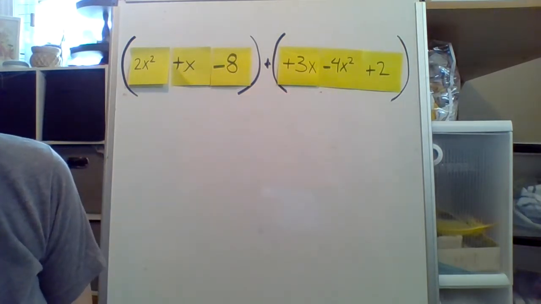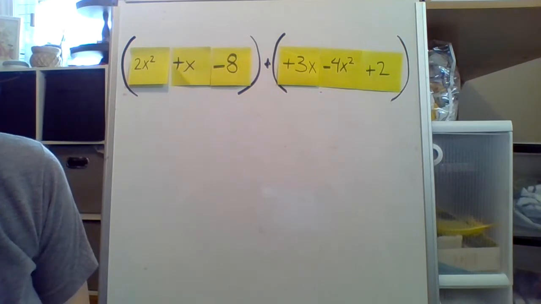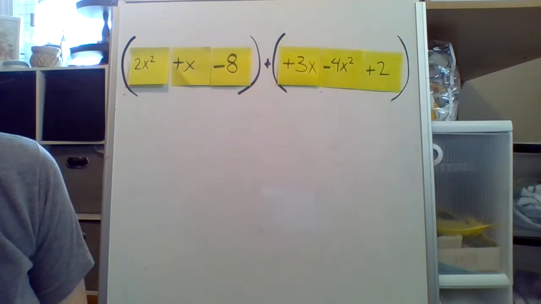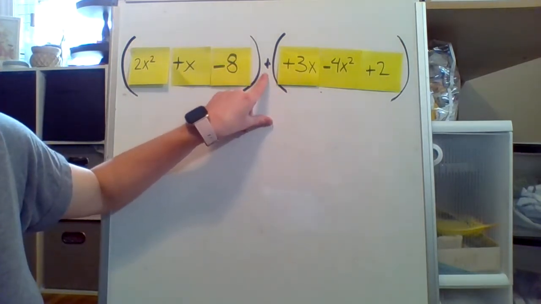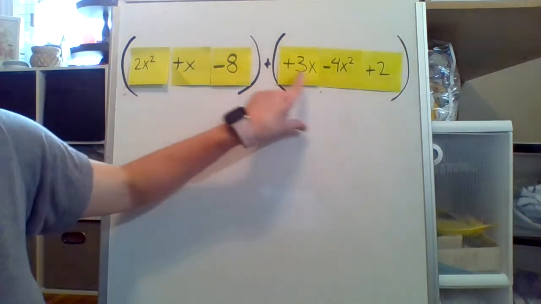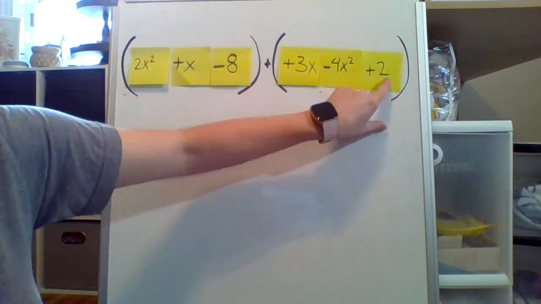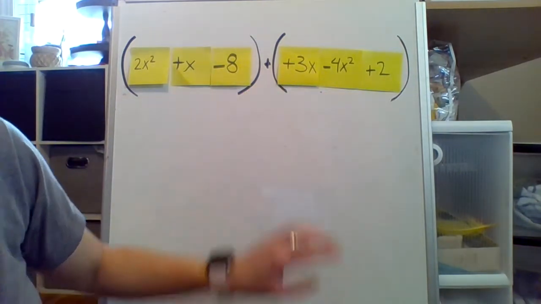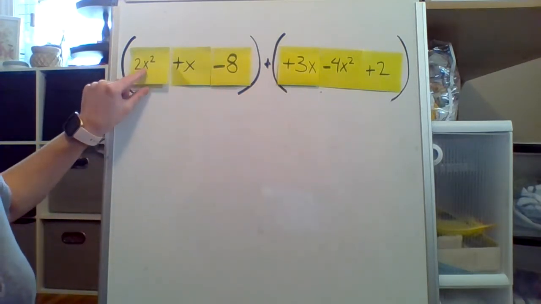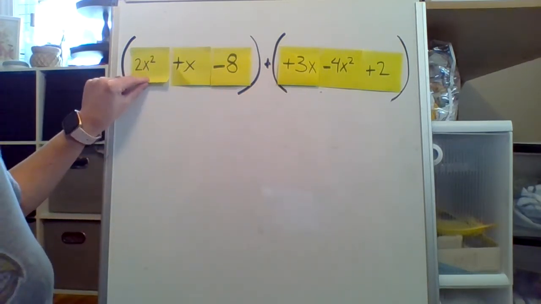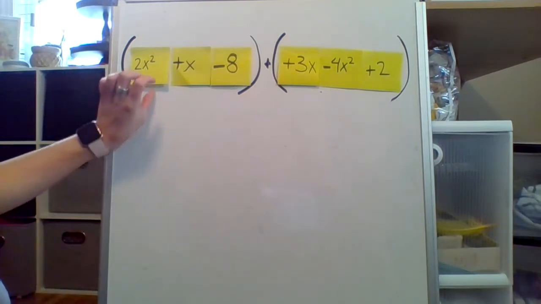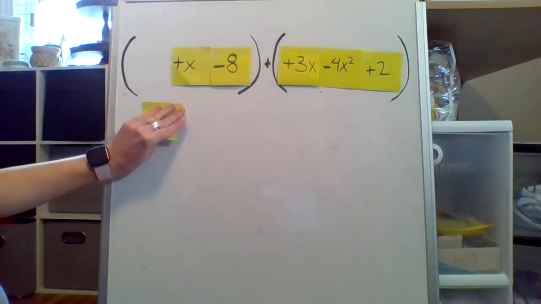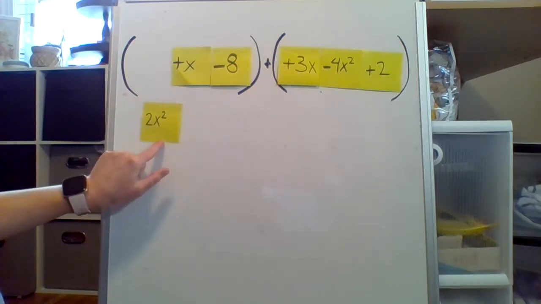Our first step for adding polynomials is to combine our like terms. These two are being added, so there's nothing to distribute. These signs are all going to stay the same. First, I'm going to look at my terms with the highest power, because when we write these in standard form, those come first anyway. So I'll rearrange here: 2x squared.